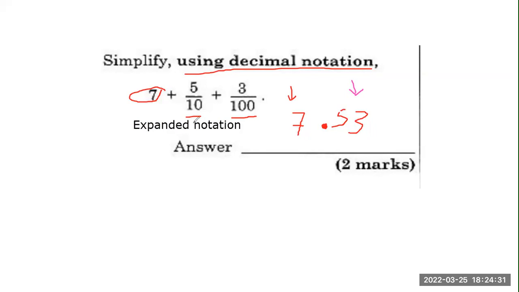We can go from this writing that or the other way around. So the question could have also asked, give us 7.53 and ask us to write an expanded notation. So we would have written it as it was written here. Right, so this is the thought process behind this question.